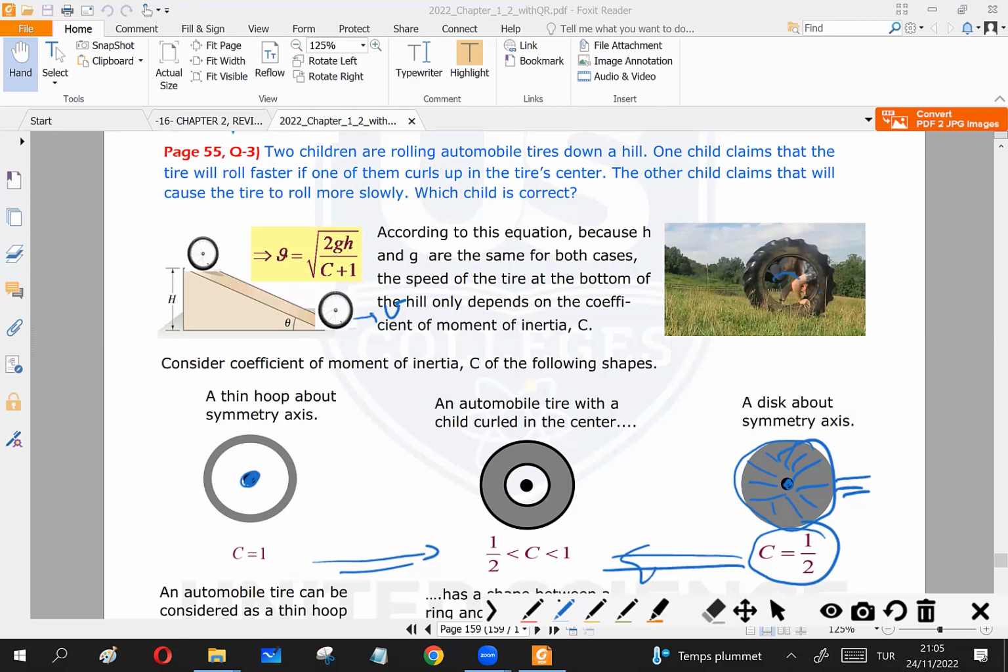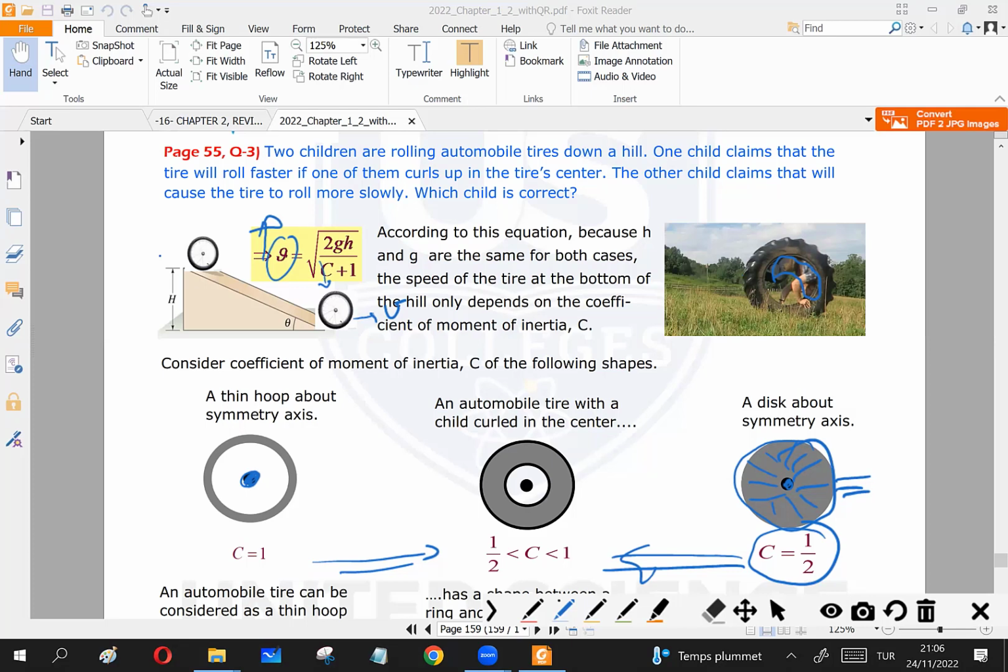Full, but not perfectly full. So c gets smaller. Basically when the child curls inside the tire, c, the coefficient of the moment of inertia, gets smaller. And we know that if c gets smaller, of course, speed must get greater, faster.